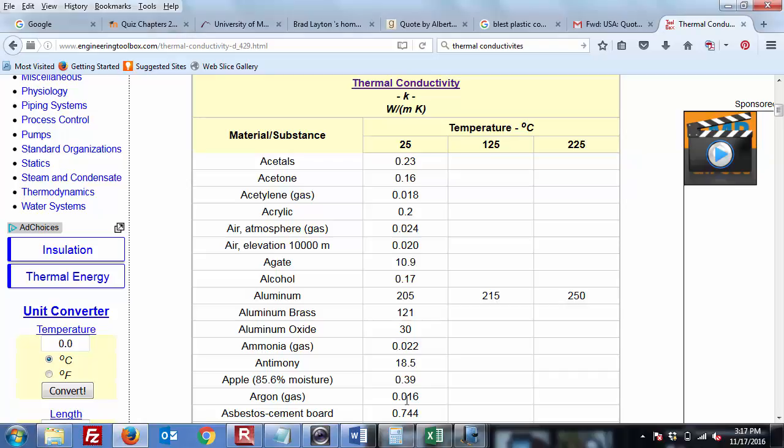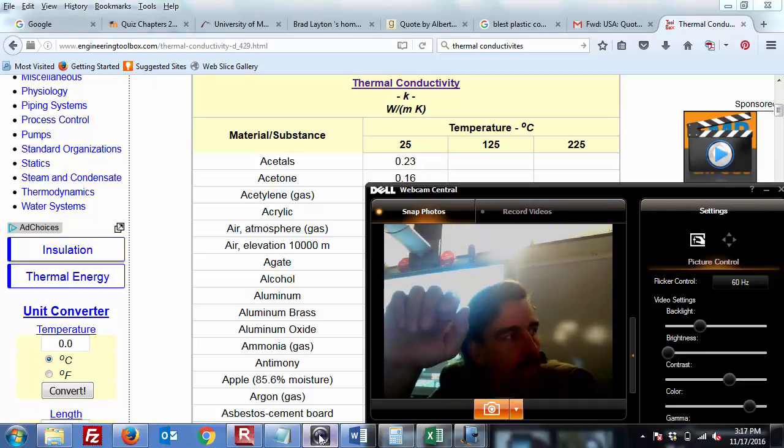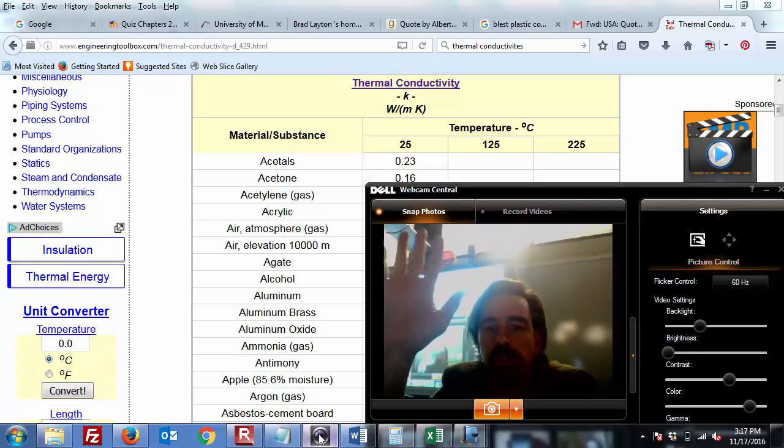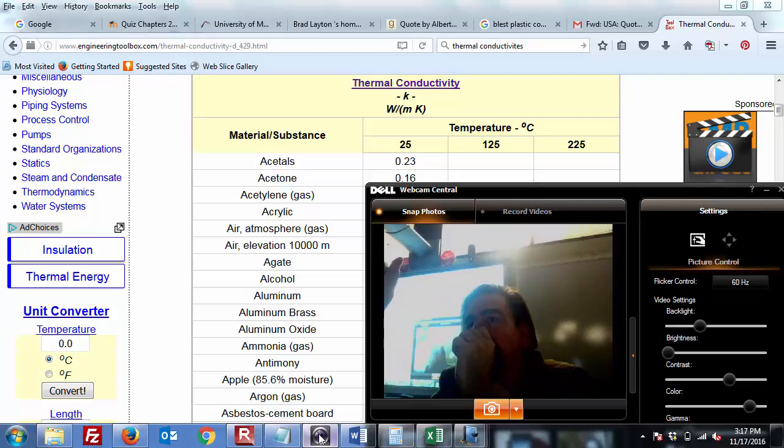Not too surprising. Another thing worth noting, I've seen this mistake made before. I was in a hotel with a geologist, and he was touching some solid rock and some fake stone in the hotel lobby, and of course his body temperature is 98.6, and the room temperature is more like 70.